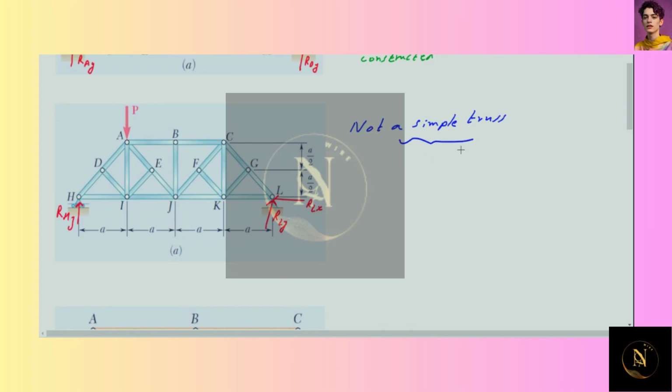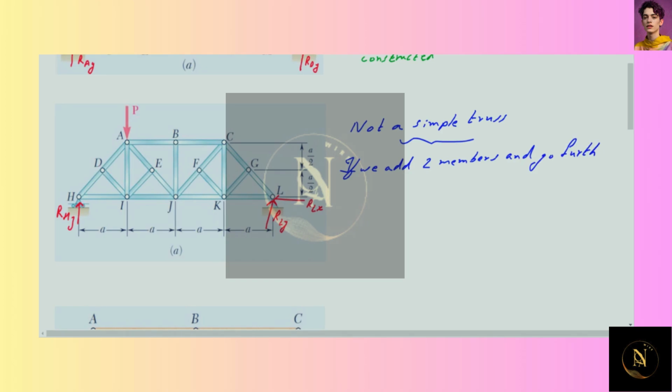The reason is just like the above reason: if we add two members and go further to any triangle, we should be able to construct this truss if it is a simple truss. But in this case, we cannot do that.